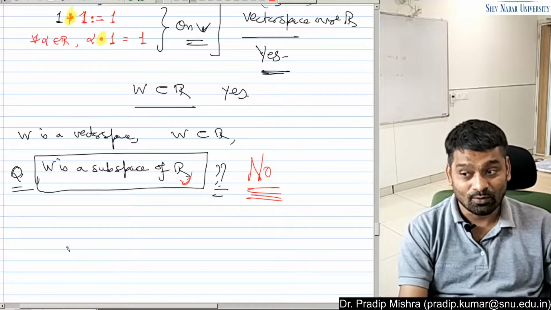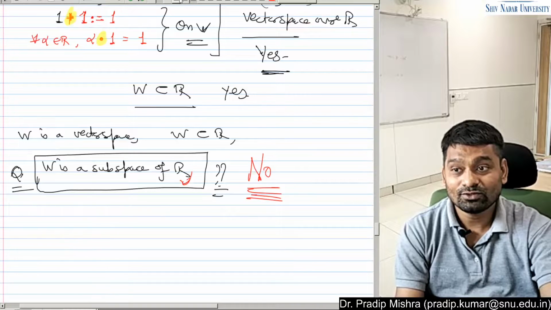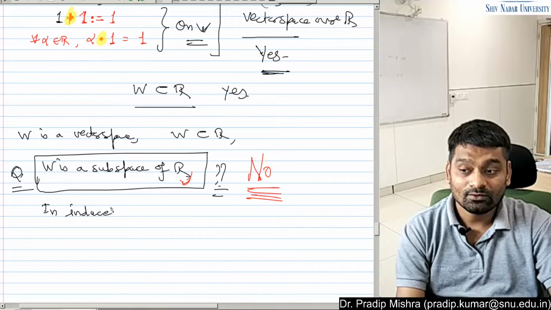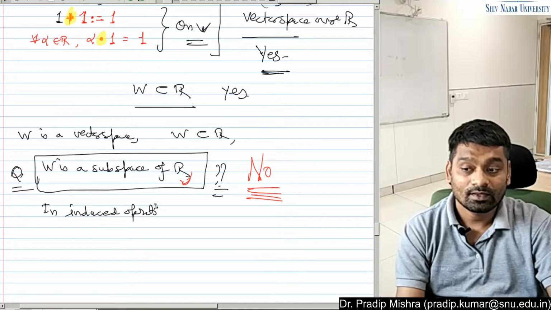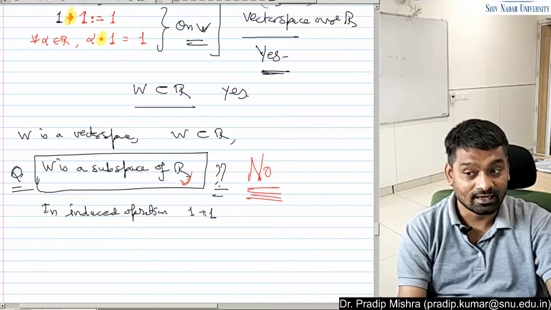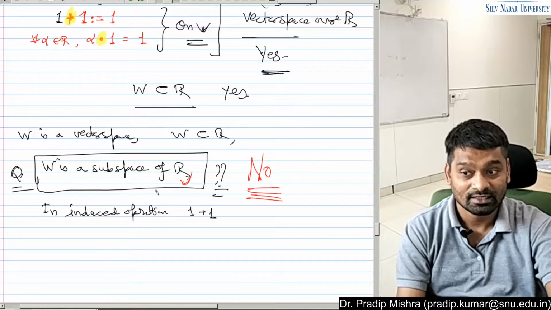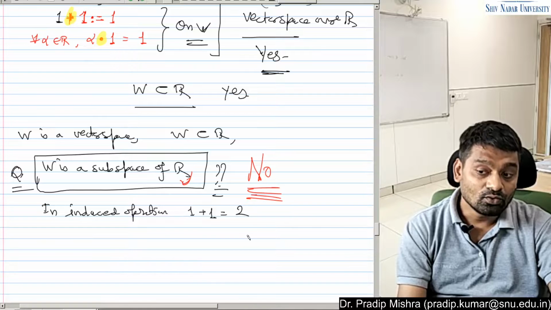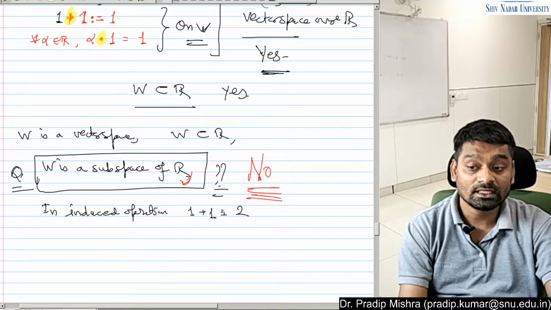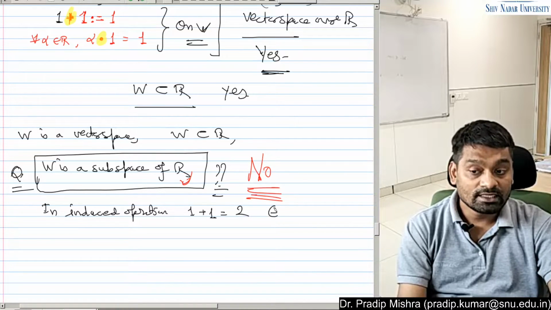So what is the induced operation? In the induced operation, what do you mean by 1 plus 1? Can you tell me? This plus, not the red one, this plus, this is equal to 2, because I will think of the W element in R. Then I have to see whether this lies in W or not.